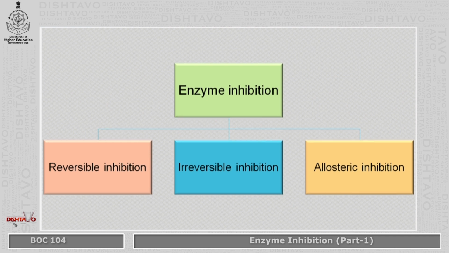Enzyme inhibition is a process in which the inhibitor binds with an enzyme to decrease or to stop the enzyme activity. Enzyme inhibition is further divided into three types: reversible inhibition, irreversible inhibition and allosteric inhibition.